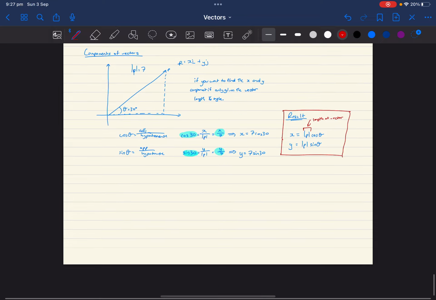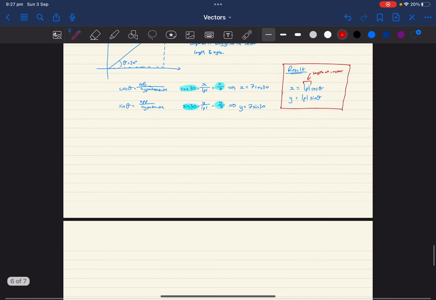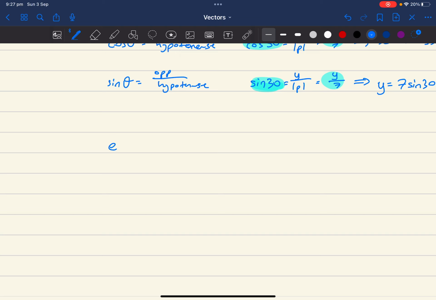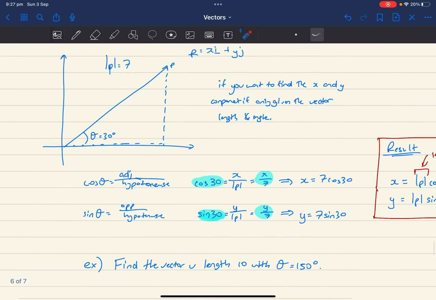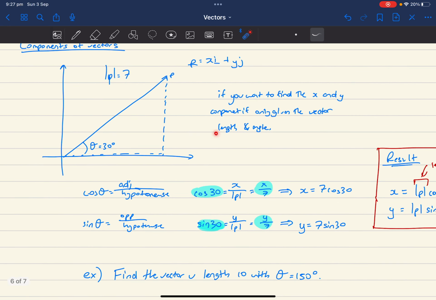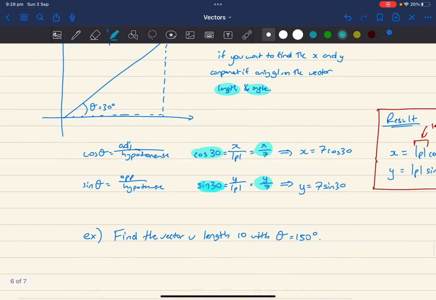Okay, so moving on from this, I'll try an example question, and then you can try a similar example question afterwards. So let me just write out. Okay, so it's already given me the two useful pieces of information, right? The length and the angle. They've given me the length and the angle, and I want to find what the vector actually is.